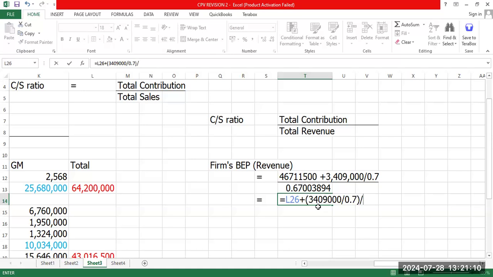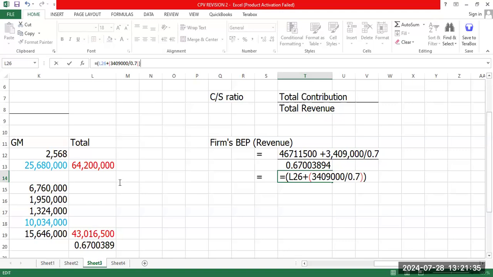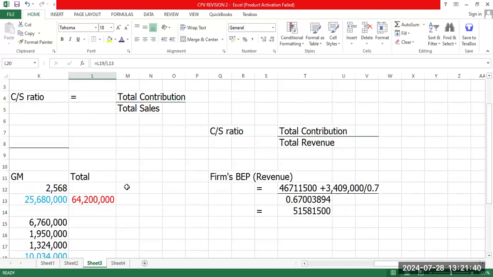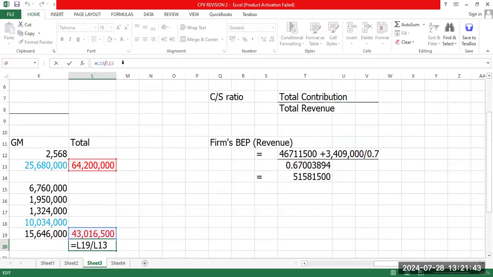Everything I divide by, put bracket. Then everything I divide by this, by contribution to sales ratio. Do you get this?